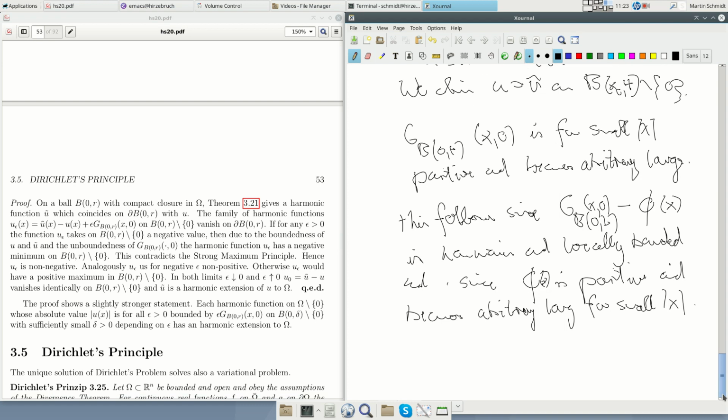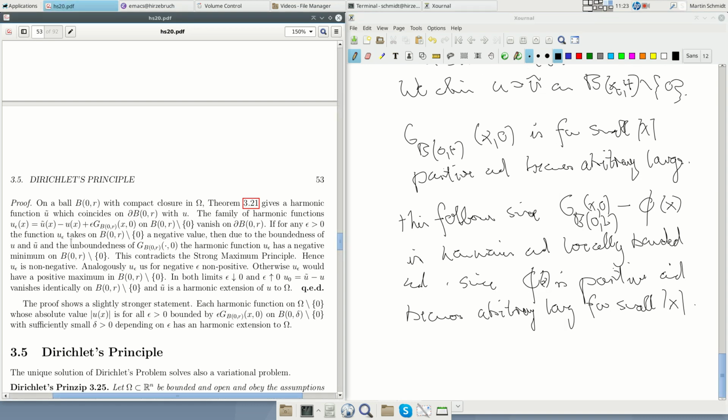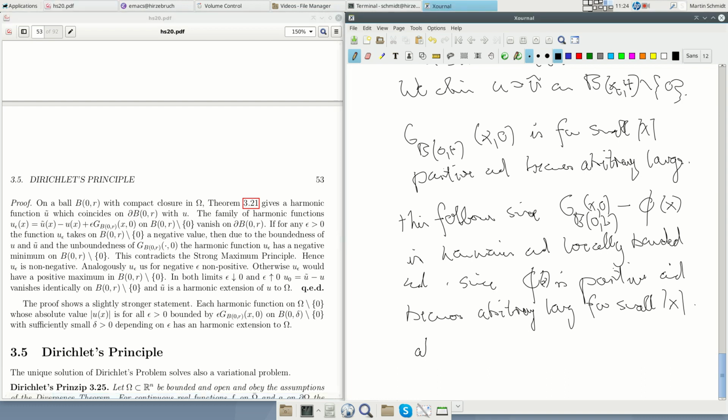Now I claim that this function, for all positive epsilon, cannot take negative values, because if this has a negative value, then we know at the boundary of the ball, u epsilon vanishes.